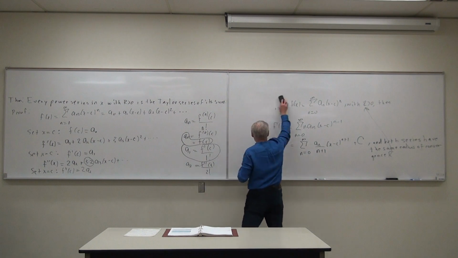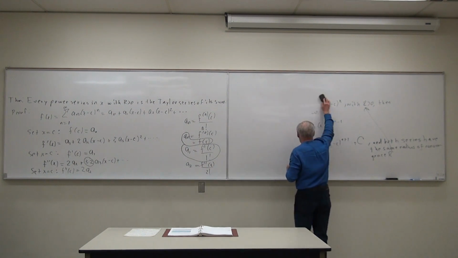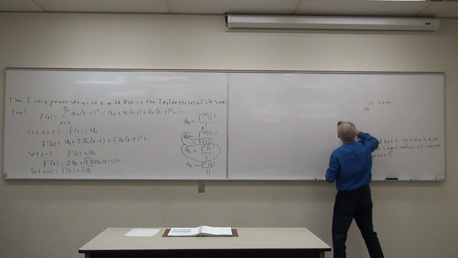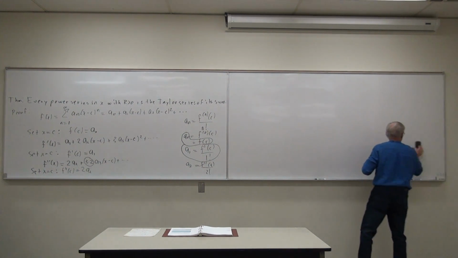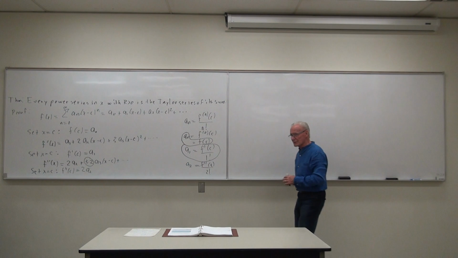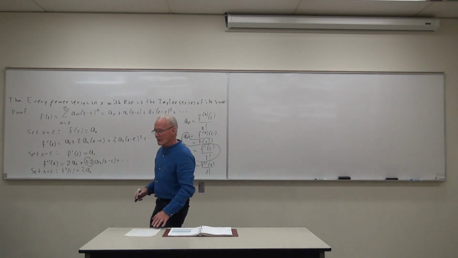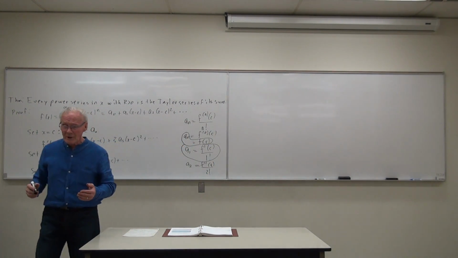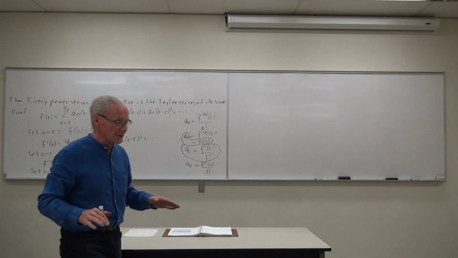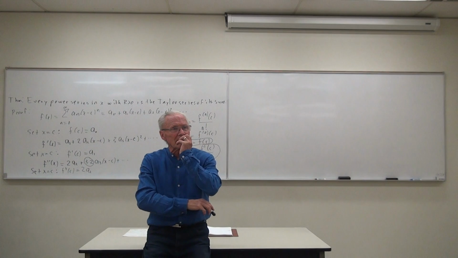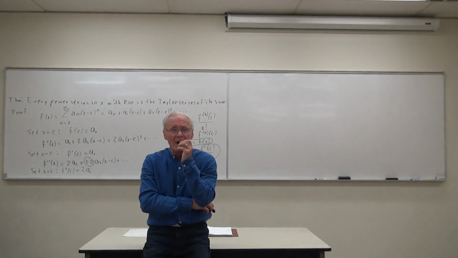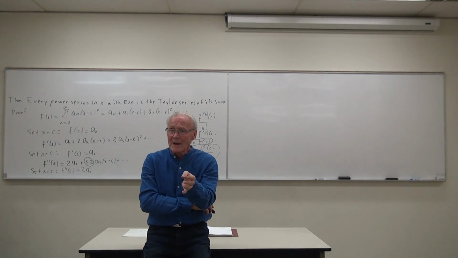Now, this is extremely beneficial. Consider the following. I give you a function. I want its Taylor series. So what do I do? I don't worry about the Taylor series. I say, if I could find a power series of the right form, then it has to be the Taylor series.